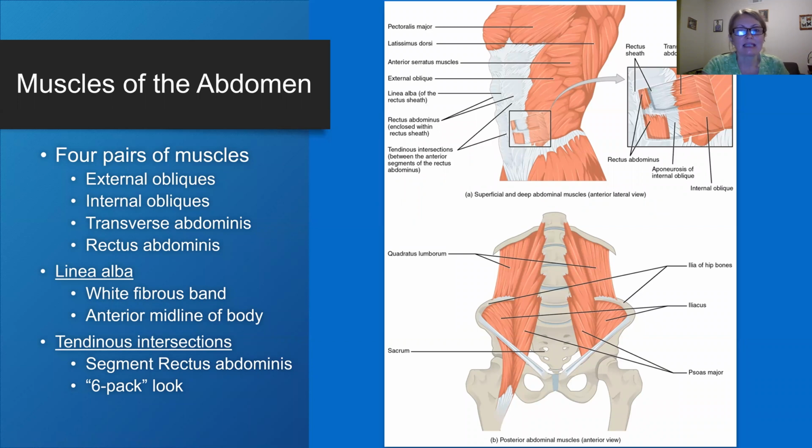Muscles of the abdomen. Again, here it's in the thorax, so I'm sorry. For the muscles of the abdomen, we have 4 pairs of muscles and they are in layers. We have, kind of in the middle, rectus abdominis. Rectus means straight, so it's a pretty straight muscle.